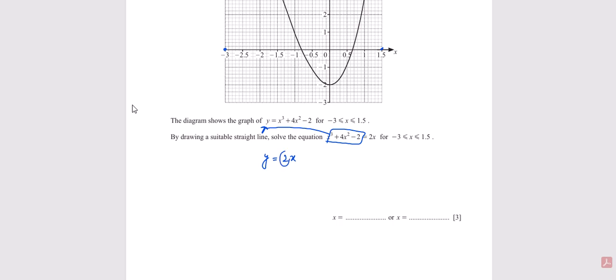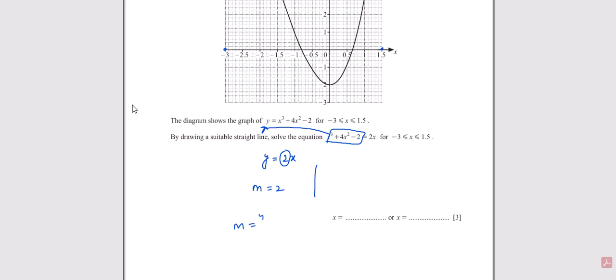So this is the slope, so m is equal to 2. We know that m is equal to y over x. So we can write m is equal to 2 over 1.